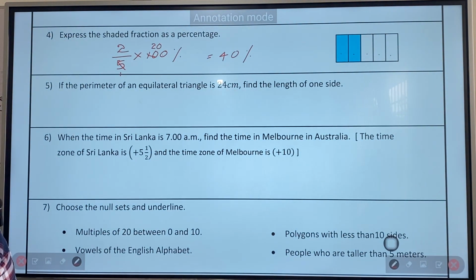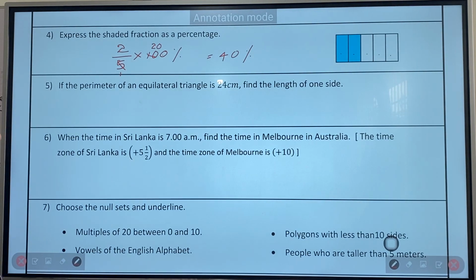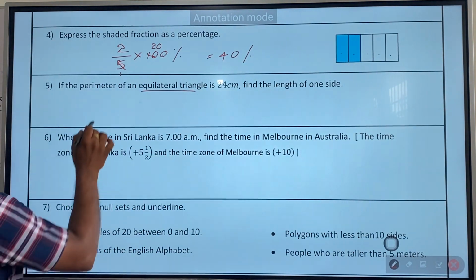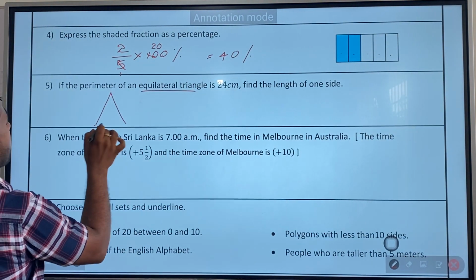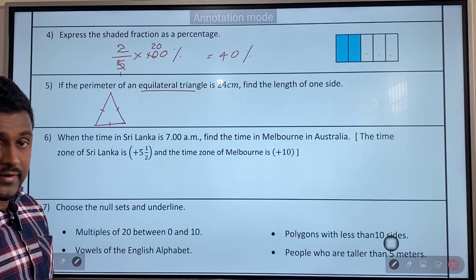Then question number 5: if the perimeter of an equilateral triangle is 24 centimeters, find the length of one side. An equilateral triangle is a triangle in which all the sides are equal in length.